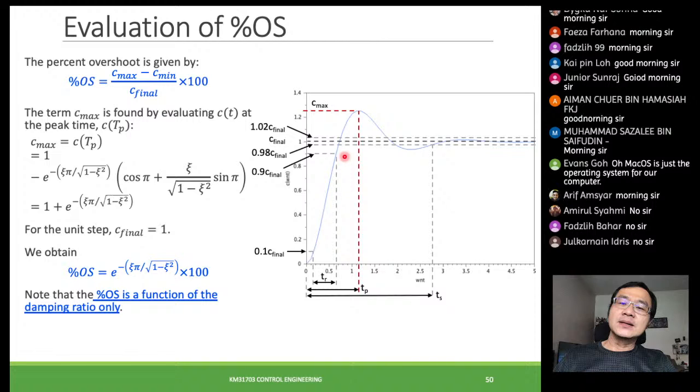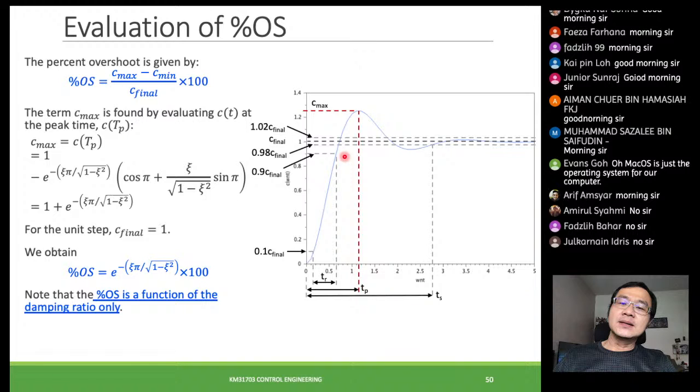Then also, since we can solve this mathematically, when the unit step is given, the final value equals 1, and the percent overshoot can be calculated depending mainly on the damping ratio. You can see that this equation mainly depends on the damping ratio.